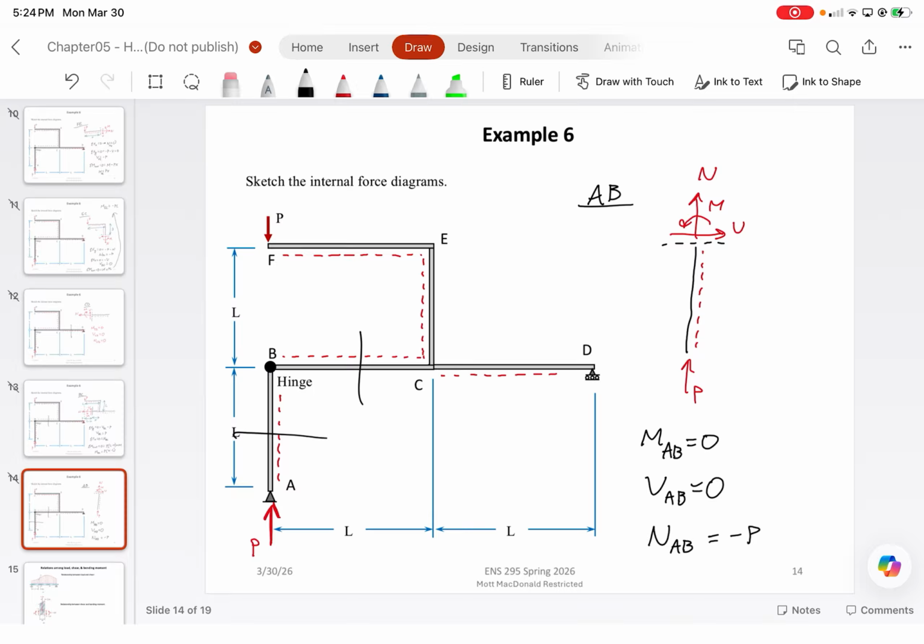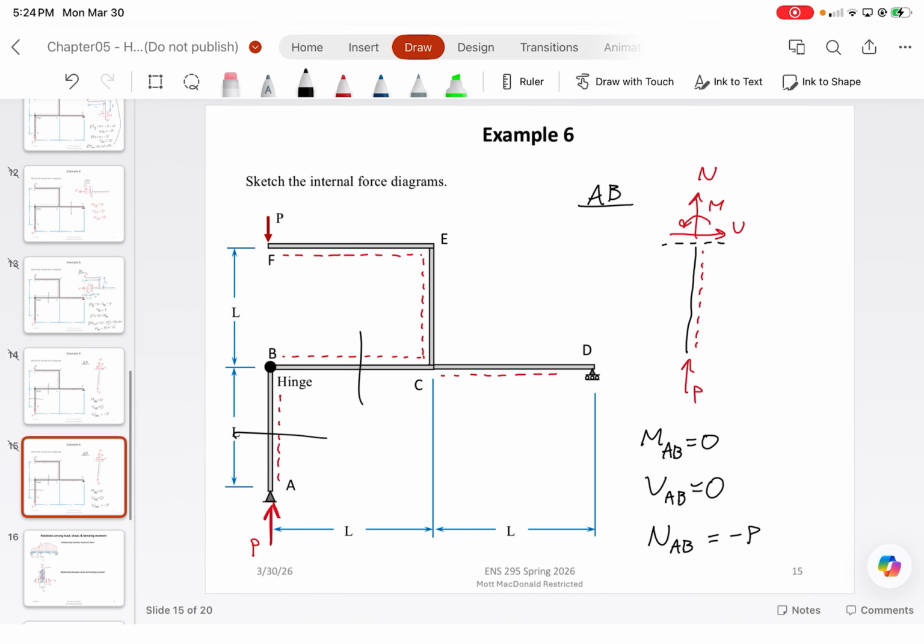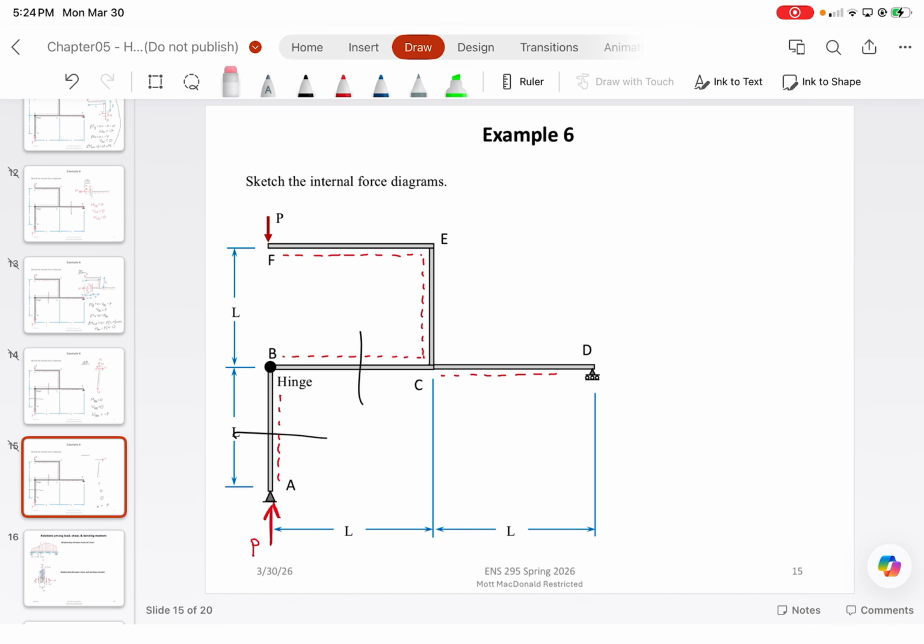All right. So for the shear force and moment diagrams, remember all of the equations that we had previously developed. So what you'll have is actually an axial, a shear, and a moment diagram. So let me create those.